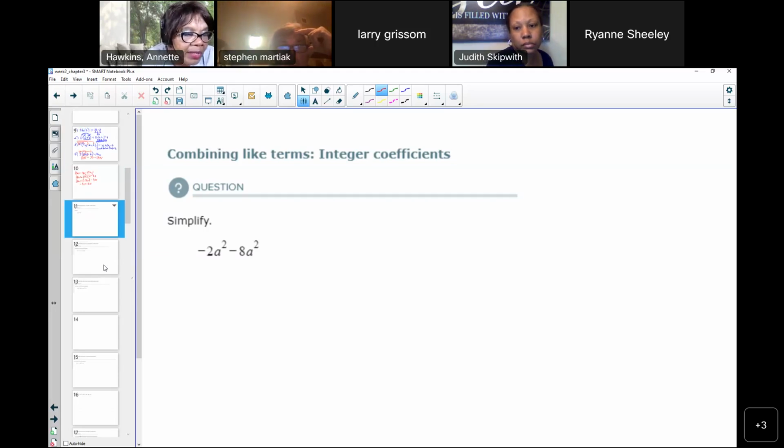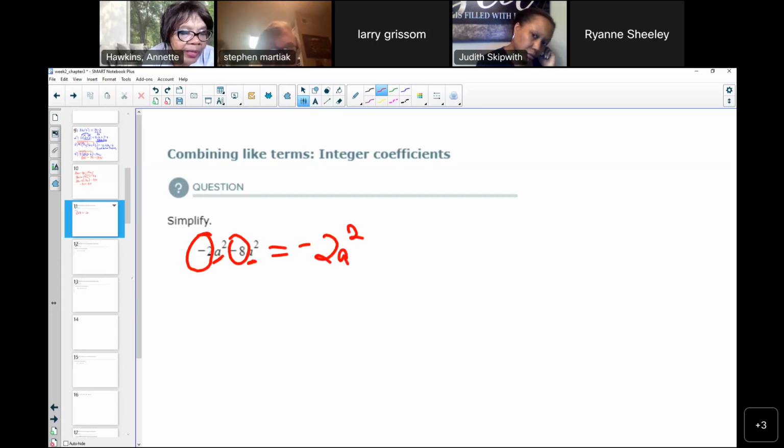Now, when you combine your like terms, you do not touch your base. This is telling you what you're dealing with. The number in front tells you how many of those you have. So this is negative 2a squared plus negative 8a squared. So this is your label.